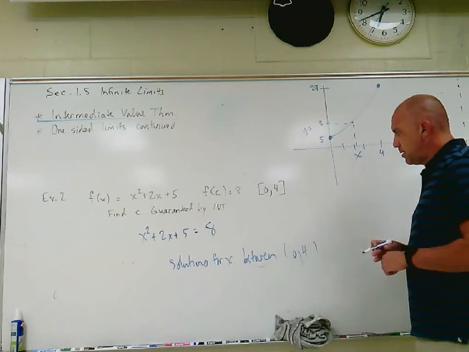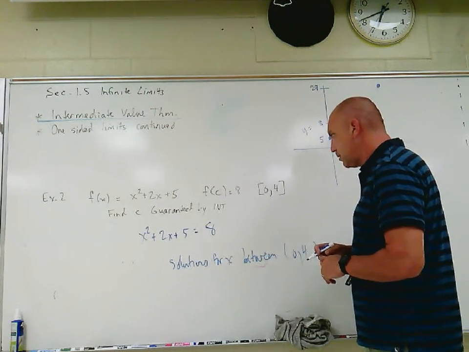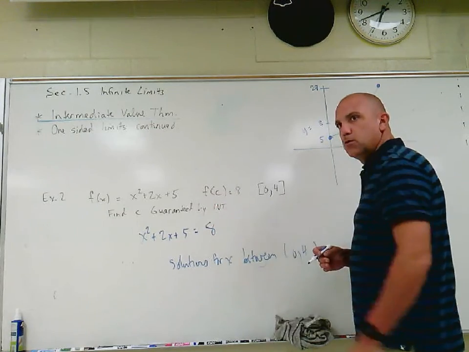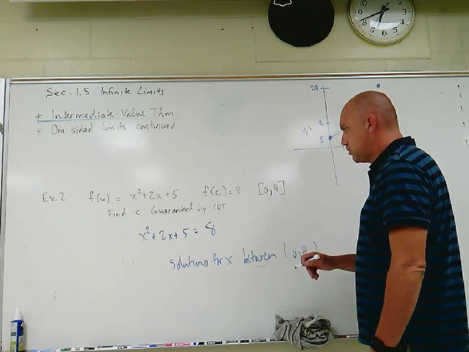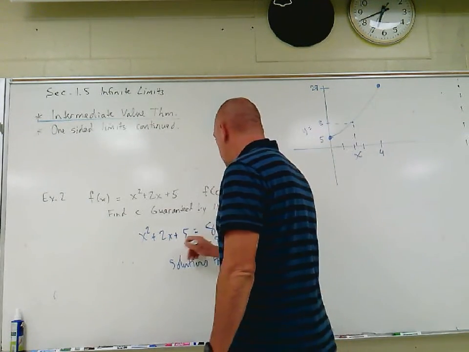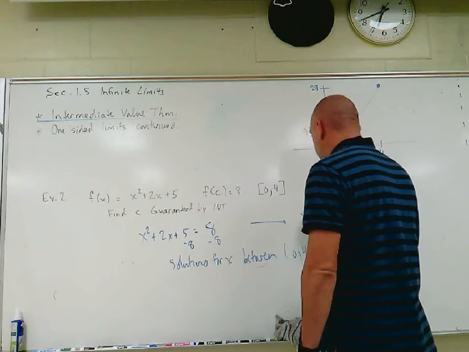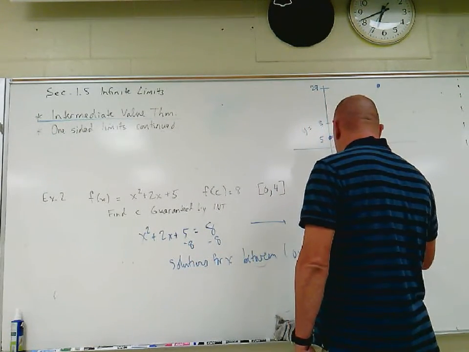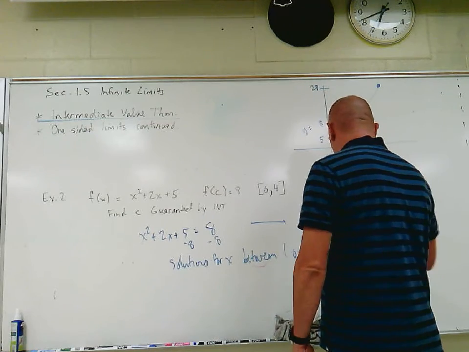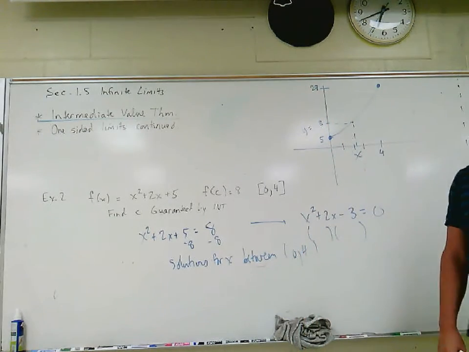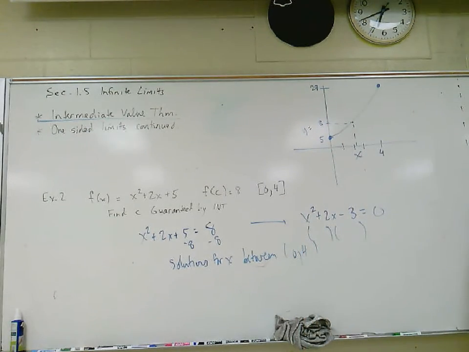All right, so we'll go ahead and have a look at what we did. The first thing I'm going to do is move the 8 over, right? So if I bring the 8 over, we now have x squared plus 2x minus 3 equals 0. And I hopefully can factor that. Two numbers that multiply to give negative 3 and add to give 2.